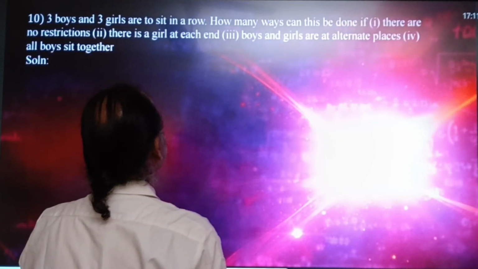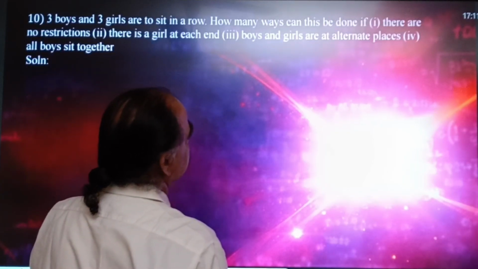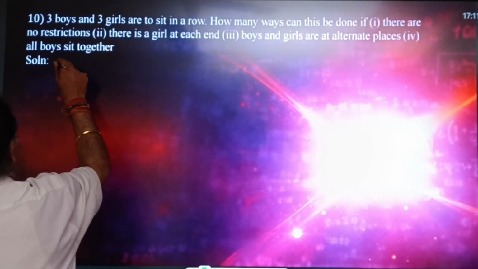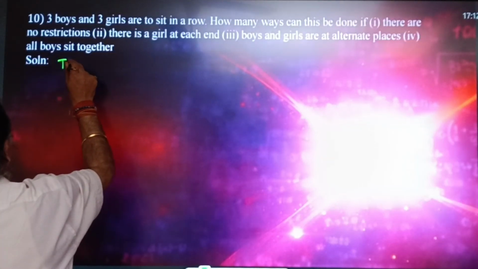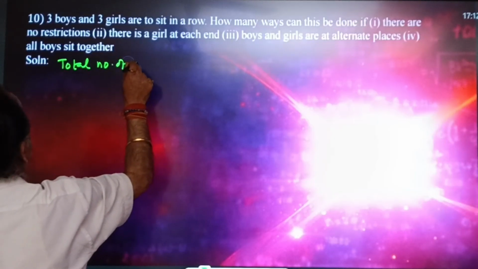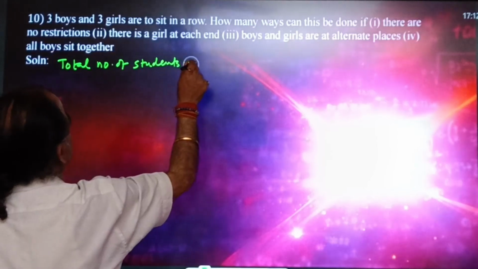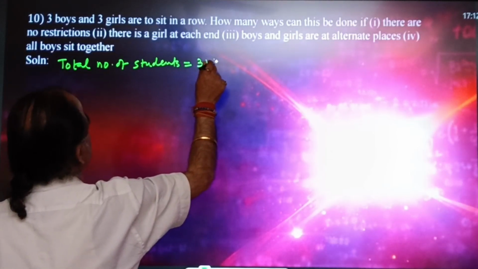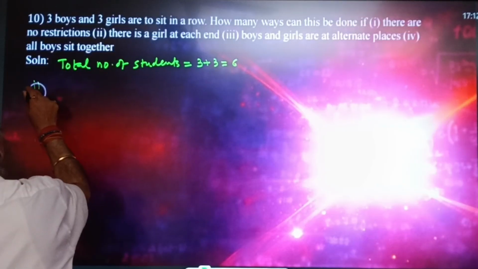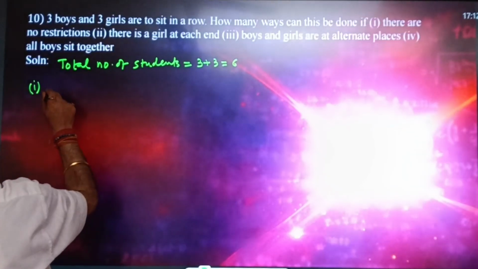Three boys and three girls are to sit in a row. How many ways can this be done if there are no restrictions? Total number of students 3 plus 3, 6. There is no restriction.